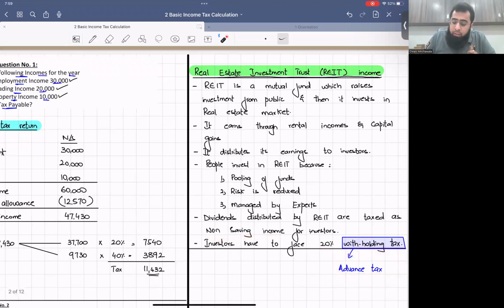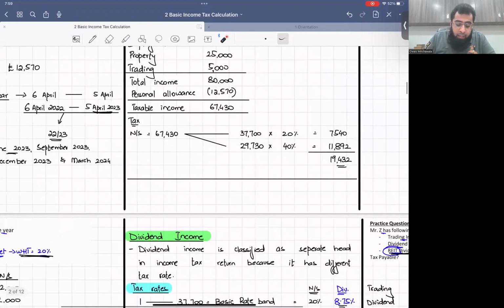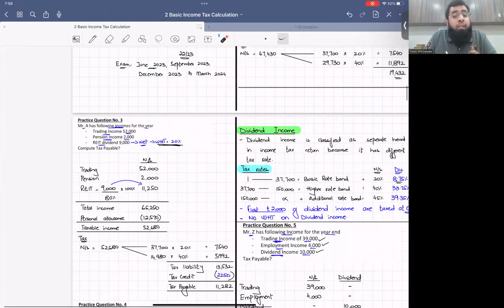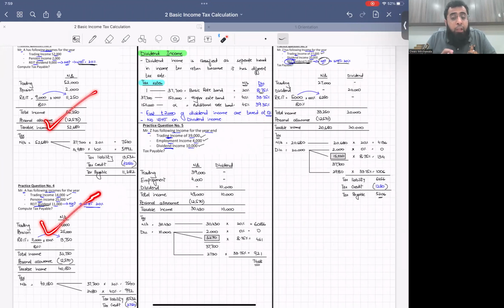We discussed this concept of REIT and then again we did two practice questions in relation to it. So approach is to discuss the concept, introduce new topics, and then do practice questions so that concepts get clear.